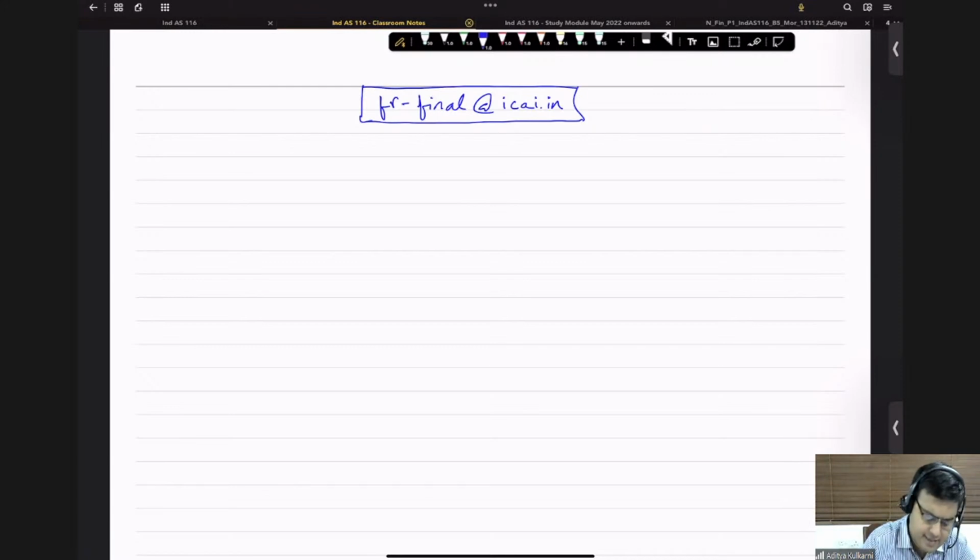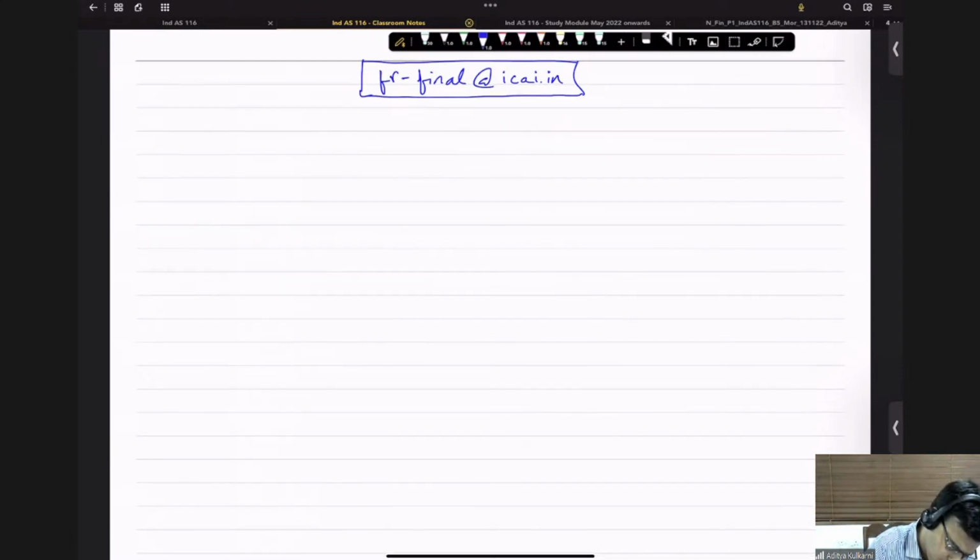So let us come to a case where an office is taken on lease at rupees 1 lakh per annum.